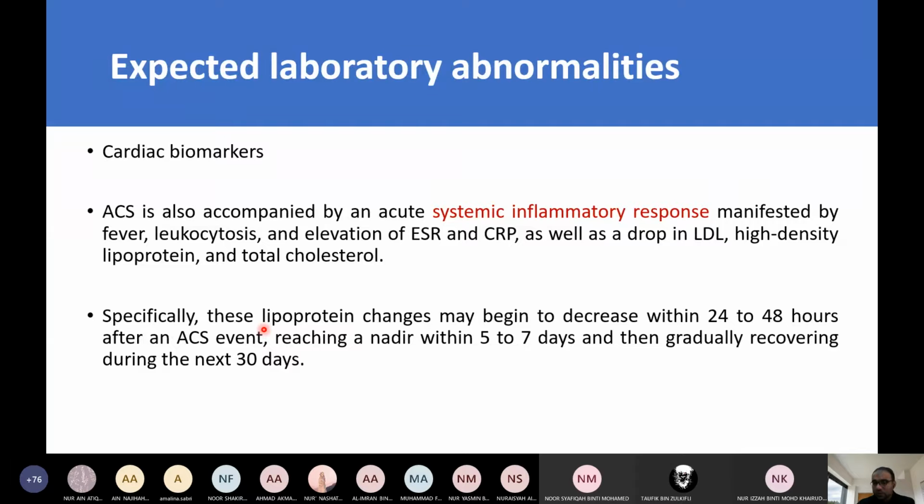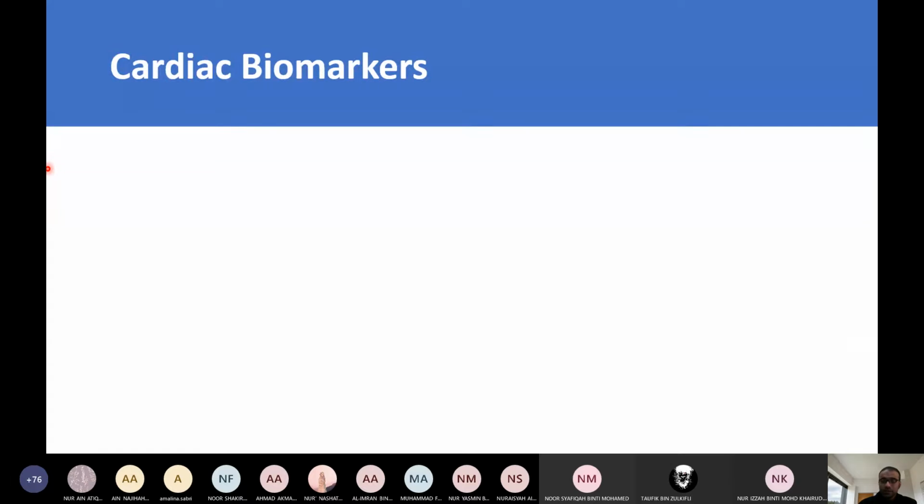But the lipoprotein in general will begin to decrease after the first or 2 days after the attack itself, reaching the nadir, meaning the lowest value, within 5 to 7 days, and then begin to recover again. Hyperglycemia is not that specific, because many patients, regardless of being diabetic or non-diabetic, are expected to have hyperglycemia in place.